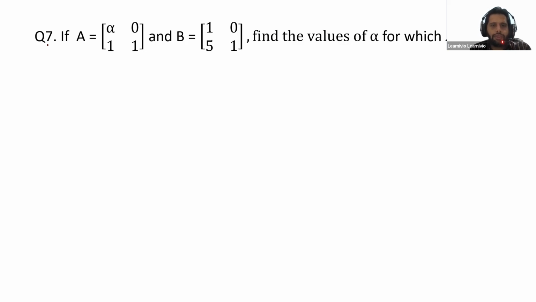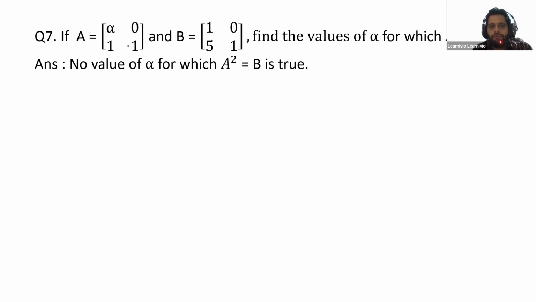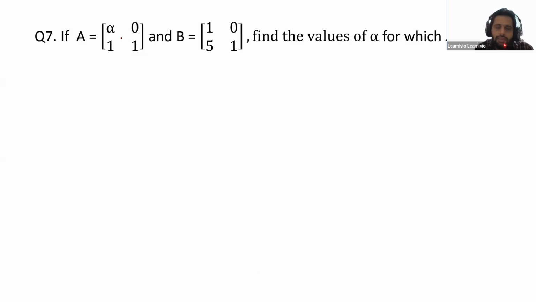No. Okay, so that's why there will not be any value of alpha. No, no, your answer is correct. That means there is no value of alpha for which A square is equal to B, because you are getting different answers. In matrices, we select a common solution. Here nothing is common. That's why no solution. Okay.